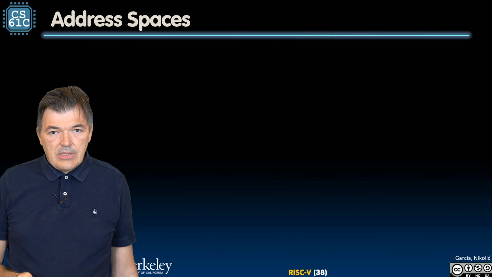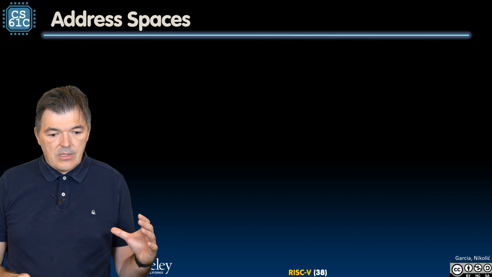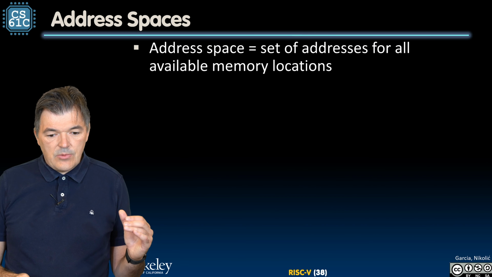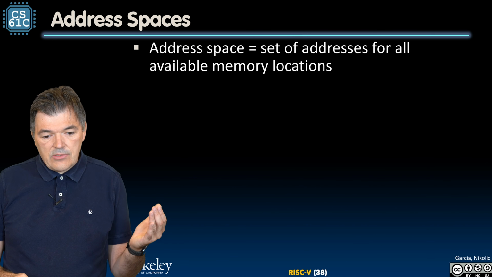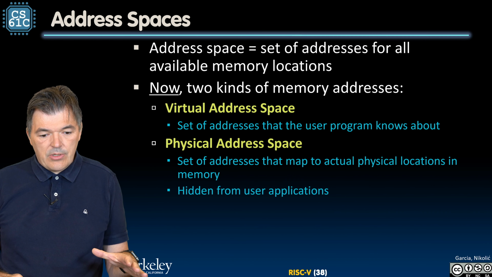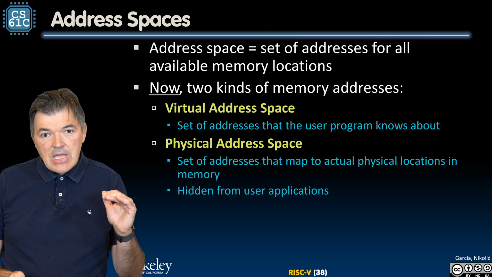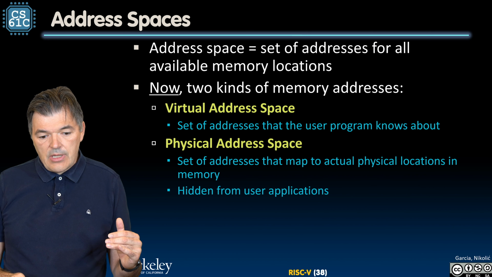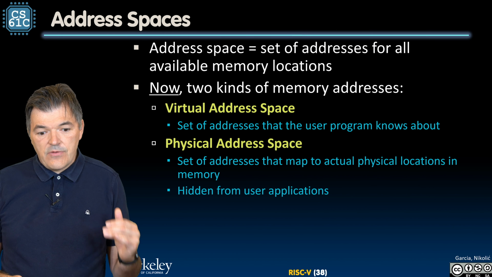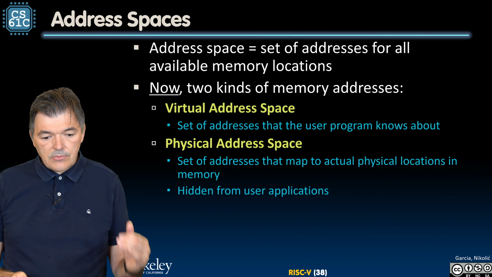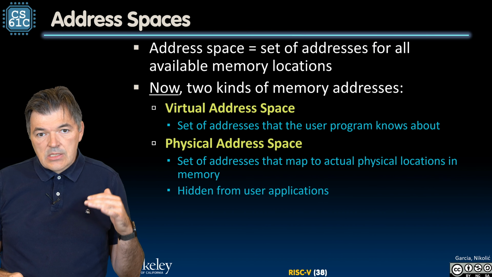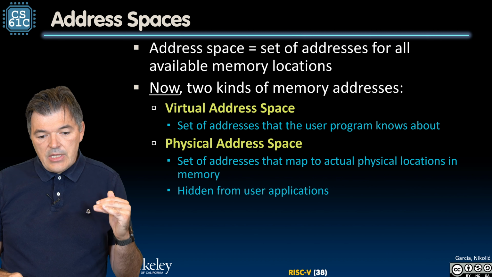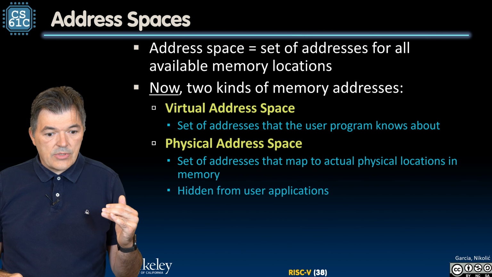When we talk about address spaces, there are two types that we see. An address space is a set of addresses for all available memory locations. There are now two different address spaces. One of them is the virtual address space, the other one is the physical address space. The virtual address space is a set of addresses that the user program knows about.